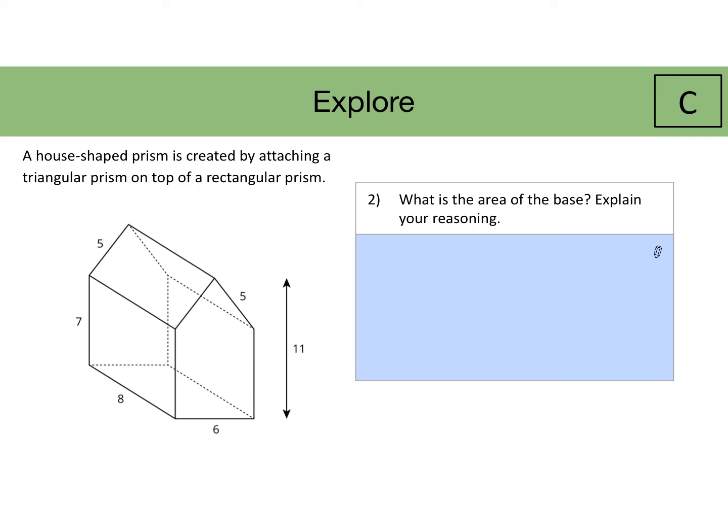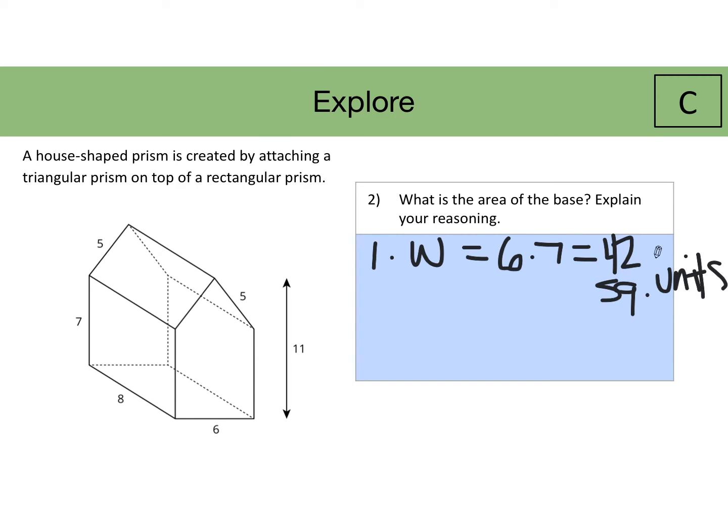So we know that we're going to multiply length times width for the rectangle, and that's going to be 6 times 7, and we get 42 square units. And for the triangle, that's 1/2 base times height.